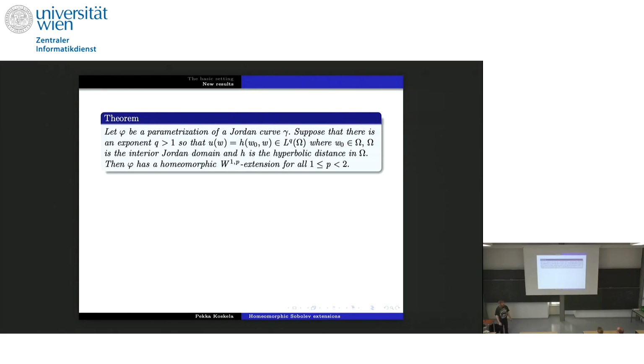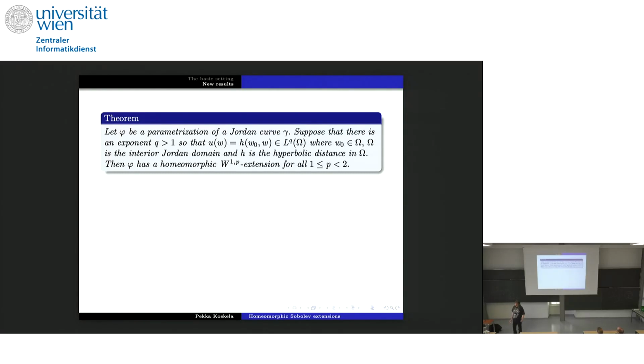It turns out that much more is true. So I take my Jordan curve and I assume that the hyperbolic distance computed to a base point is in L^q for some q strictly bigger than 1. If this is true, then you can extend phi to W^{1,p} for all p strictly less than 2.